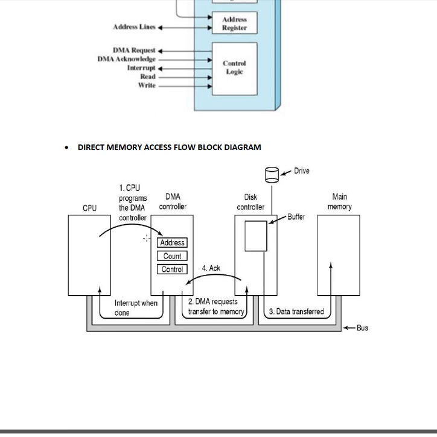Now the DMA controller initiates the transfer by issuing a read request over the bus to the disk controller, as per the registers programmed by the CPU.